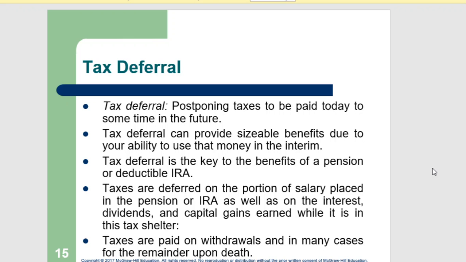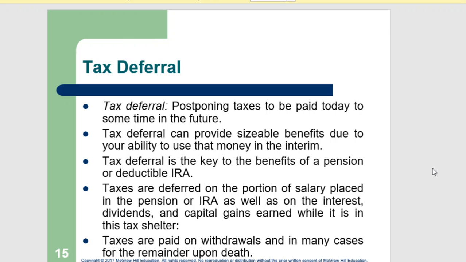Tax deferral is a way where we're talking about delaying tax until later. Tax deferral is the key benefit of these qualified plans, where you contribute pre-tax dollars. The money earns in the account, but withdrawals ultimately are taxed.